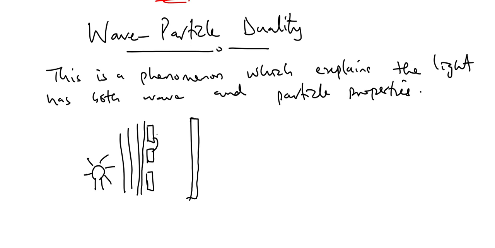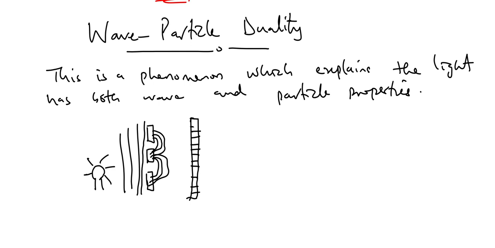So we have something like this, and for this as well. This will be sent out up to when they get to this point. Now what will you observe on this screen? You observe light and dark spots.